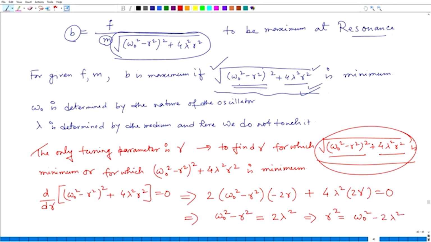Or simply, gamma equals root over this. Now, according to our new understanding of resonance, this will be the resonance condition.